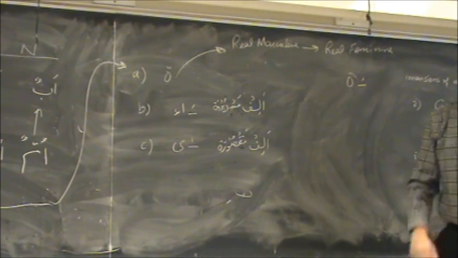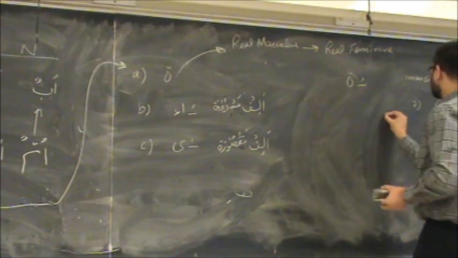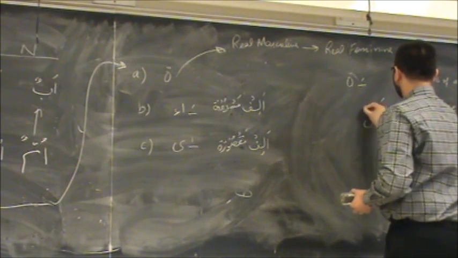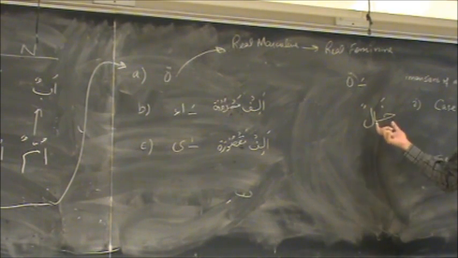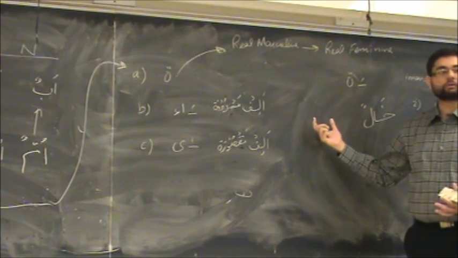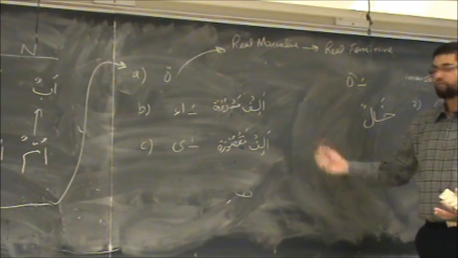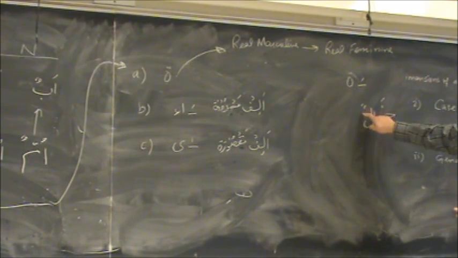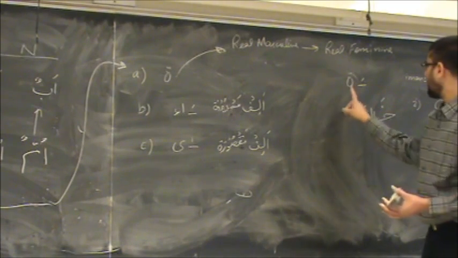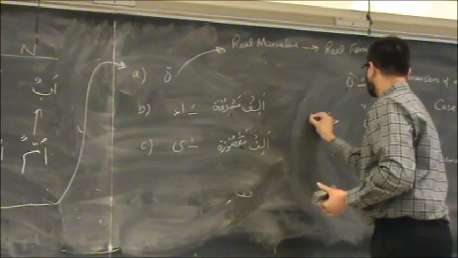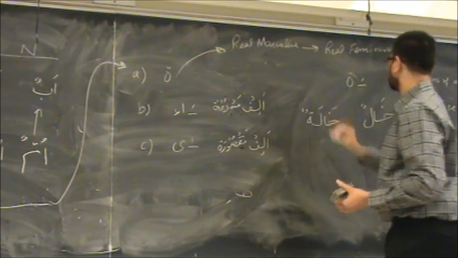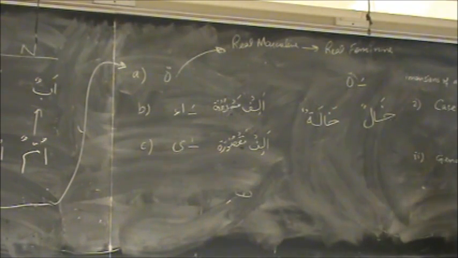But of course you will do it with real, right? For example, there is khalun. Khalun means maternal uncle. Now it's a real masculine, you want to transform it into real feminine. What will you do? Change the last haraka to fatha and add this ta. So it will become khalatun, right? So this is a general rule.